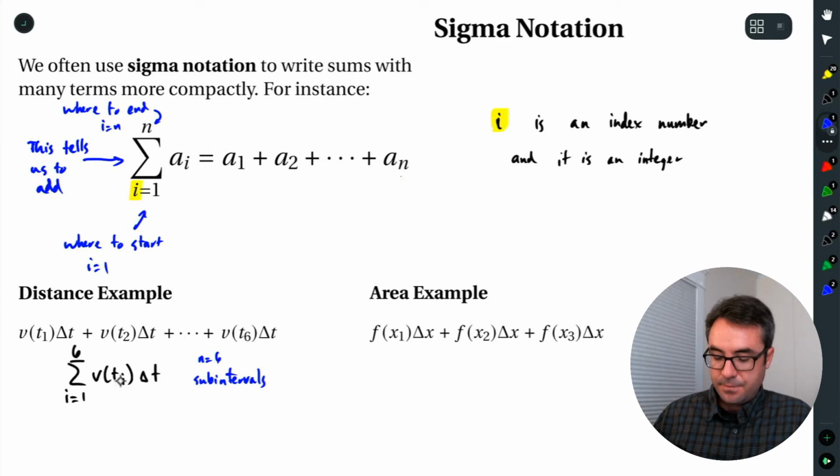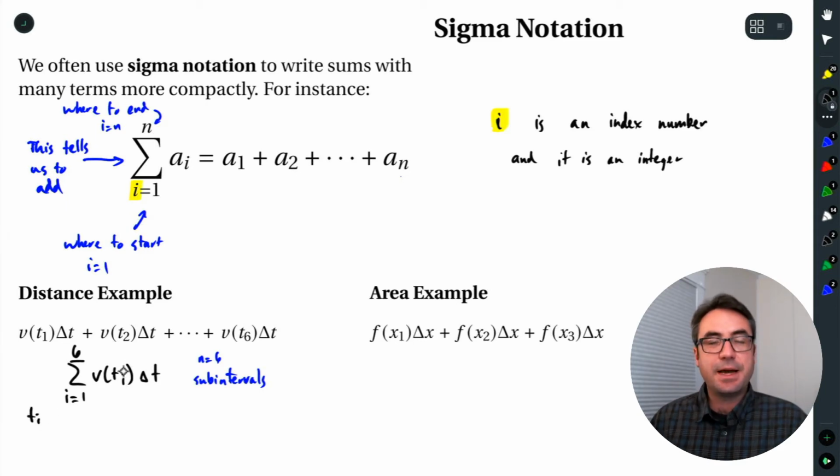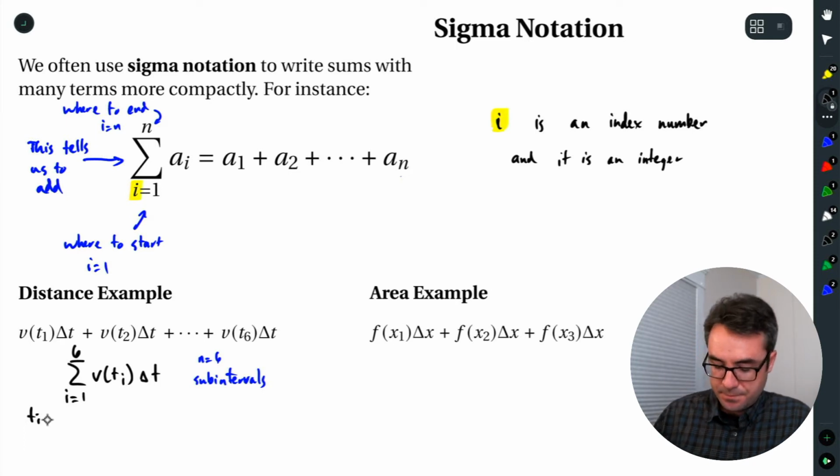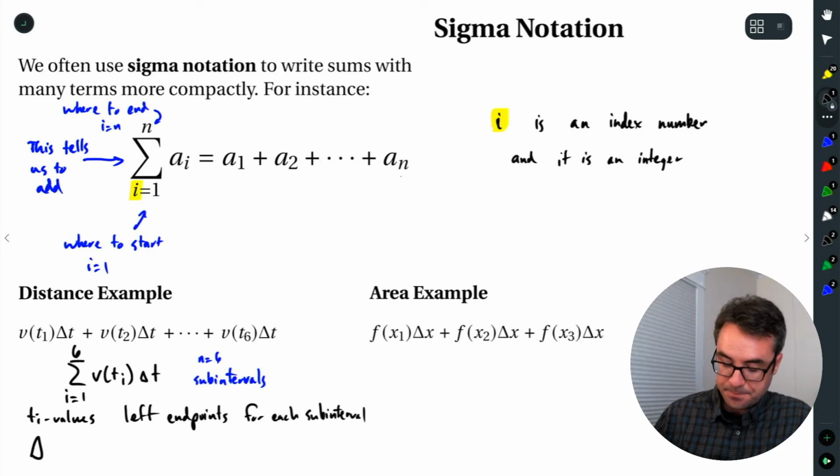And this t sub i, what was t sub i? Those were the left endpoints for each of our subintervals. And delta t, what was delta t?